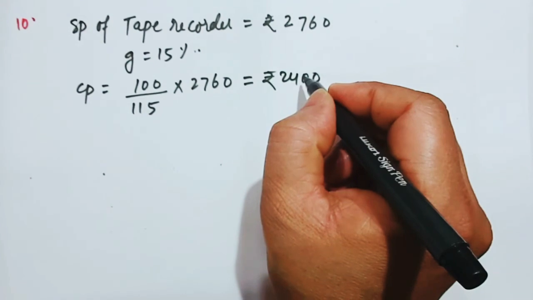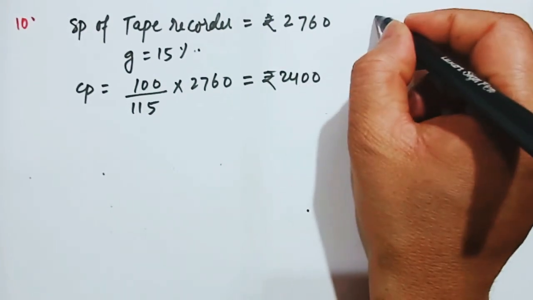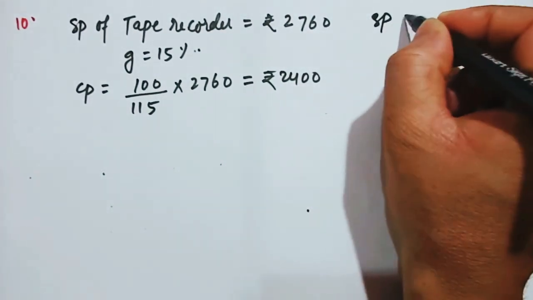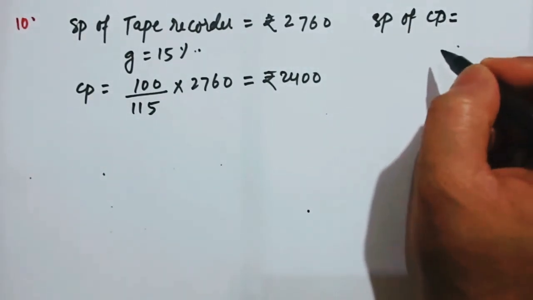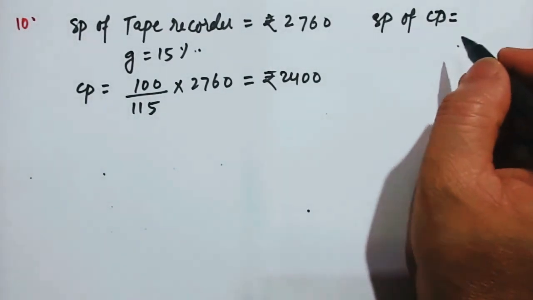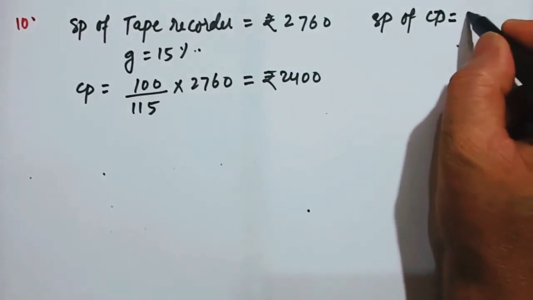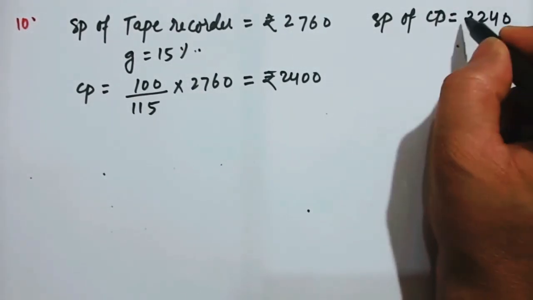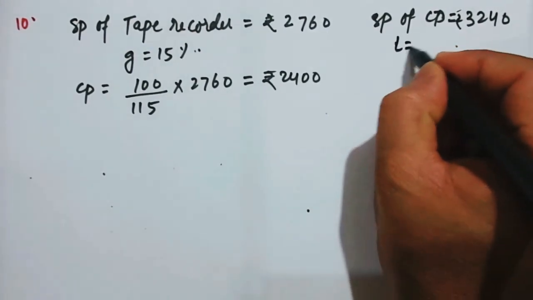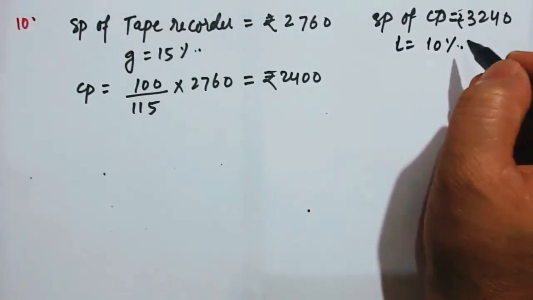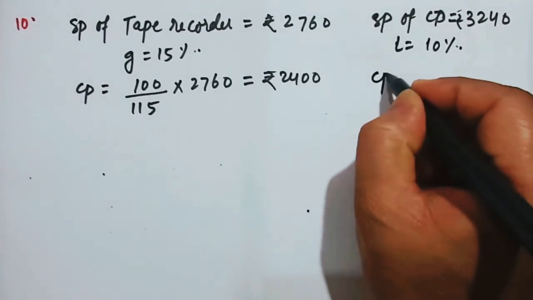Similarly, for a CD player, the selling price of the CD player is equal to 3240 rupees, and loss is equal to 10%. Very good. Therefore, cost price will be equal to how much?